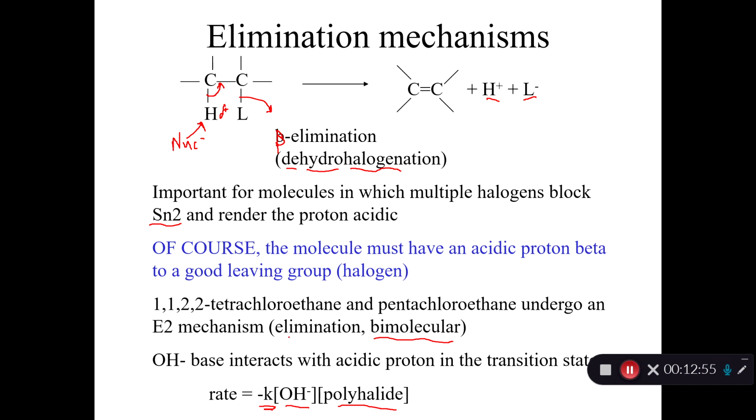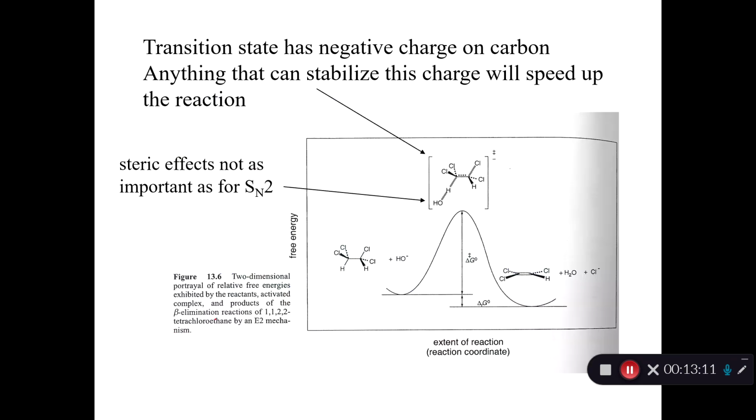So this is an elimination mechanism, and it's bimolecular, meaning that its rate law has two species involved in it, and so that's a second order rate constant, and so we call it E2, the E2 mechanism, and this can be important in a lot of environmental systems.